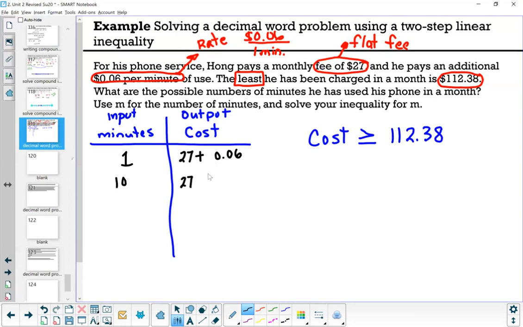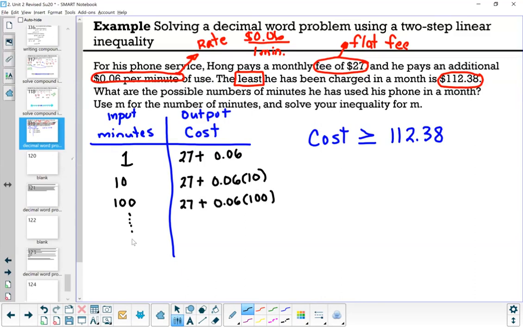Remember, that's the flat fee plus our rate times 10. I'm not going to find out what that is exactly. I don't really care at this point. All right, we do for 100 minutes. It's going to be 27 plus 0.06 times 100.